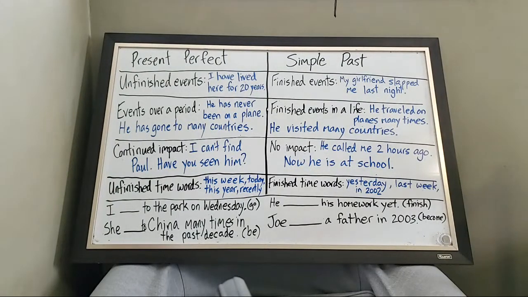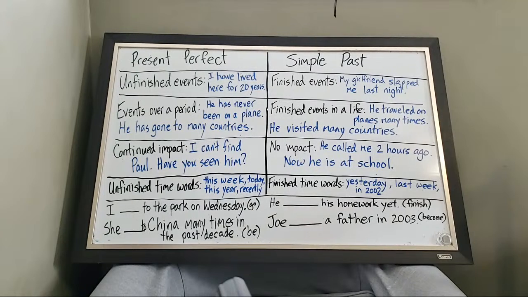How old are they? Maybe they're 12 years old, 22 years old, and they haven't been on a plane yet. Okay, then we use the present perfect. He has gone to many countries, or he has traveled to many countries. So we're not telling exactly when, but over the period of his lifetime, he has done that. So we use the present perfect.